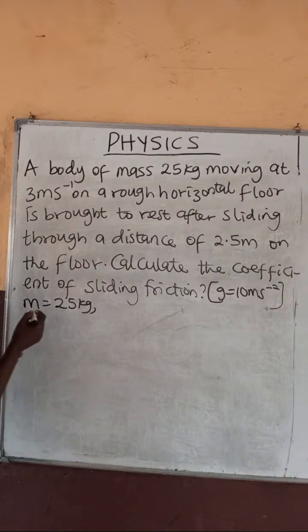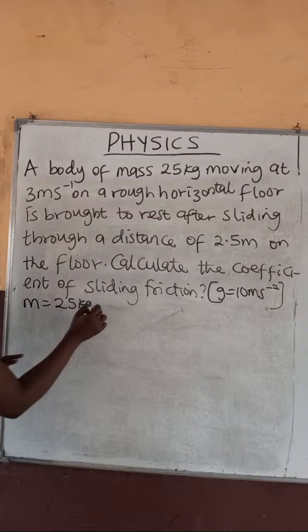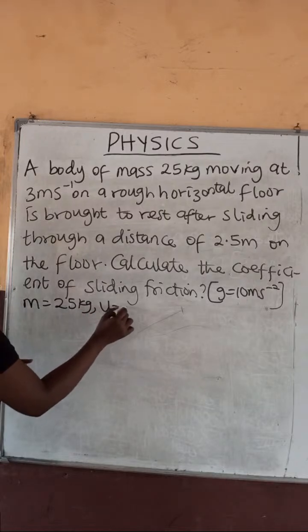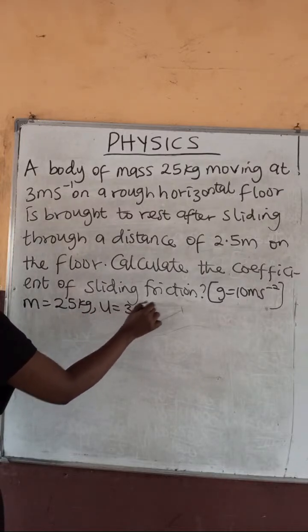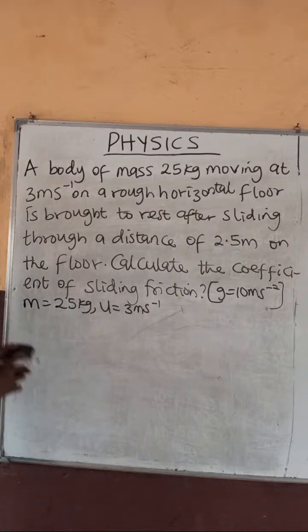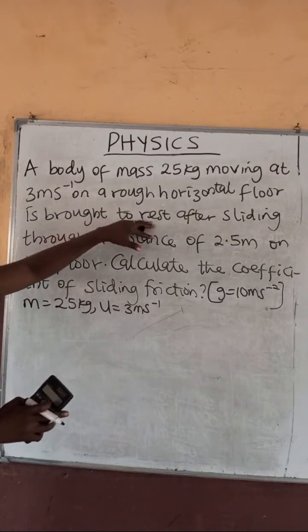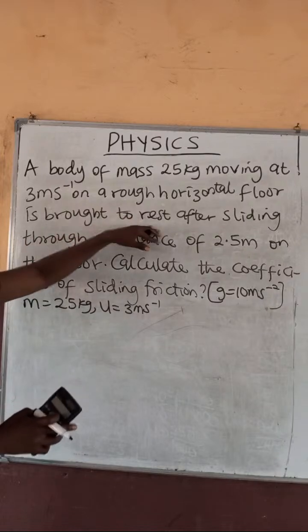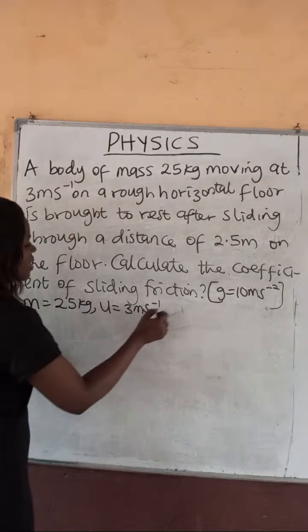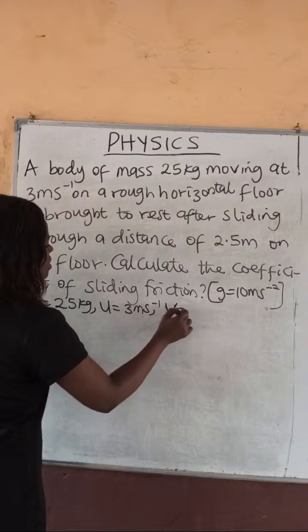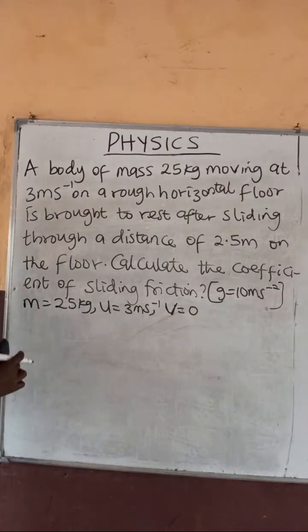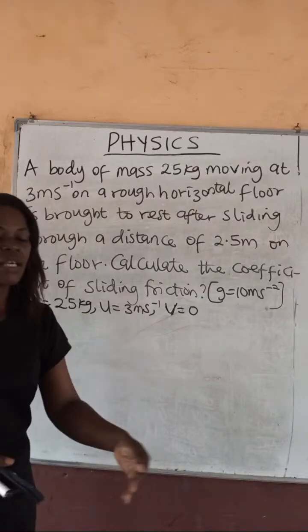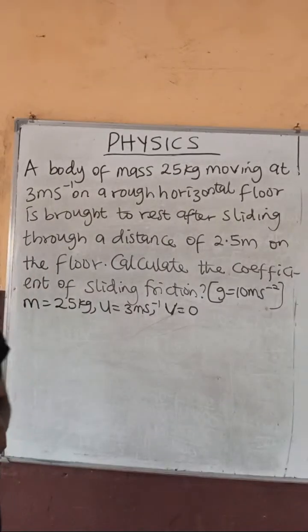The initial velocity is 3 meters per second, and it is brought to rest, meaning that the final velocity v is equal to 0. When an object starts from rest, its initial velocity u equals 0. But when an object is brought to rest, its final velocity v equals 0.